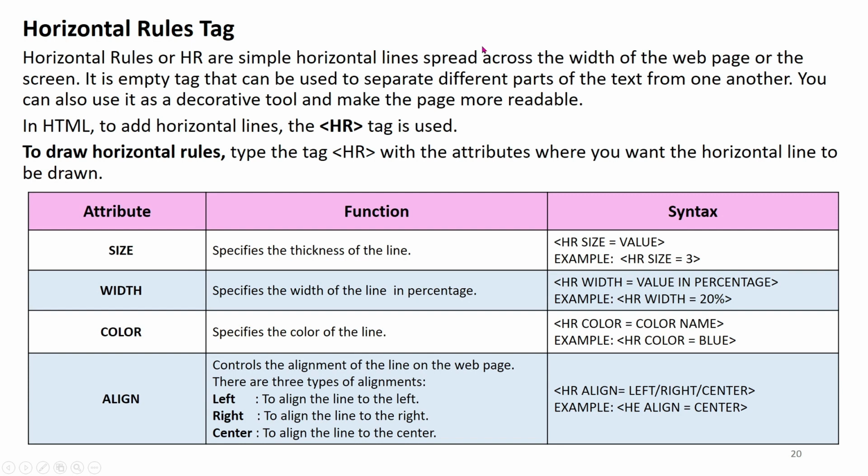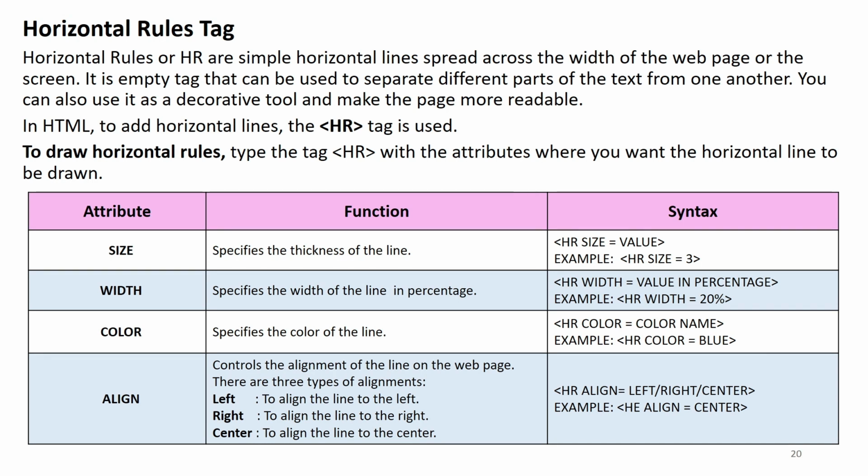Horizontal rules tags. Horizontal rules or horizontal HR tag are simple horizontal lines spread across the width of the web page or the screen, that is from left to right. It is empty tag that can be used to separate different parts of the text from one another.